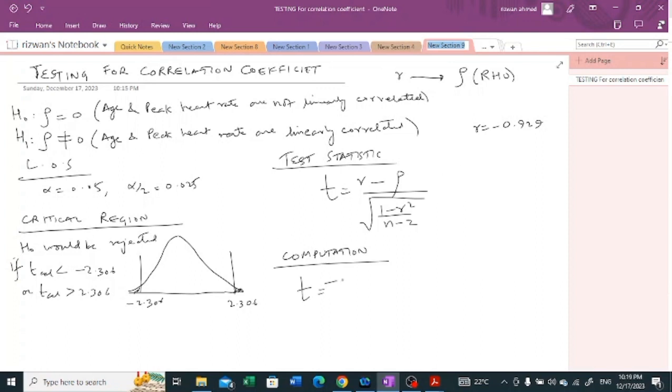So that's minus 0.929, take away 0, the value of rho we have stated in H naught, and then 1 minus R squared, 0.929 squared, divided by n minus 2, which is 8.